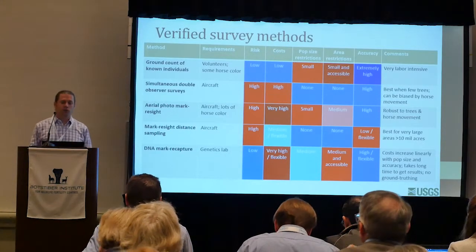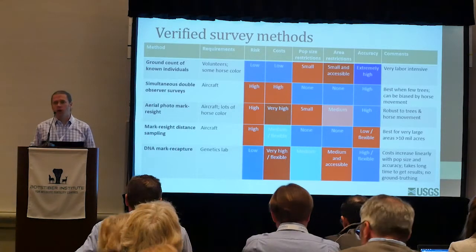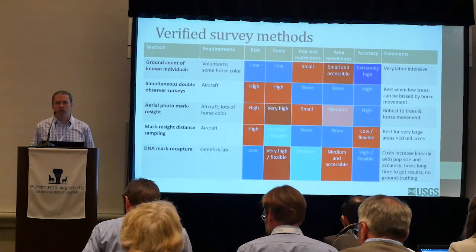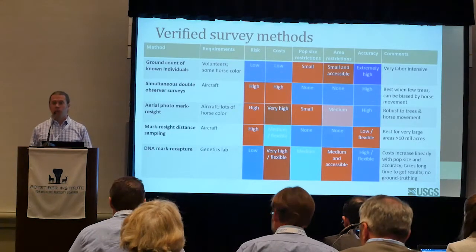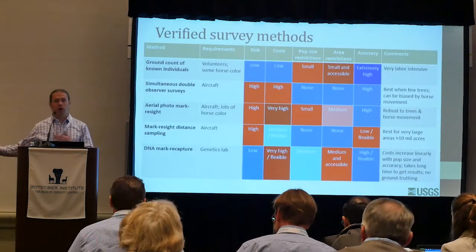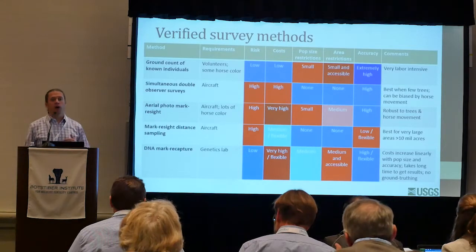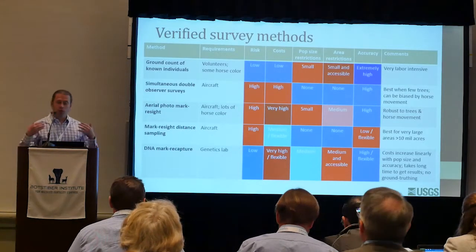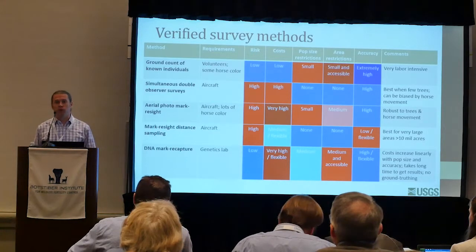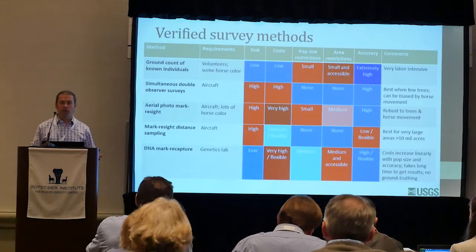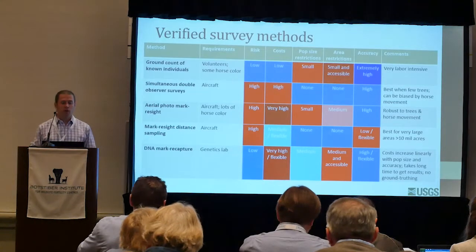The first thing you can do is a ground count of known individuals. What I mean by known individuals is that you have every animal in the population named. You know that Molly is a 6-year-old mare who had a foal in the middle of May. So you're doing ground surveys. It's extremely labor intensive. You almost can only do it either with a dedicated field staff or with volunteers.